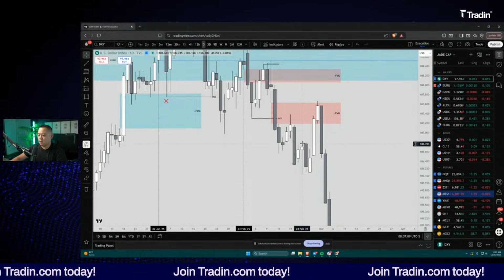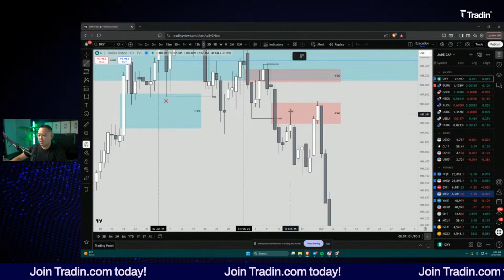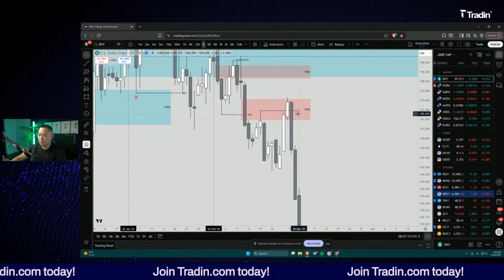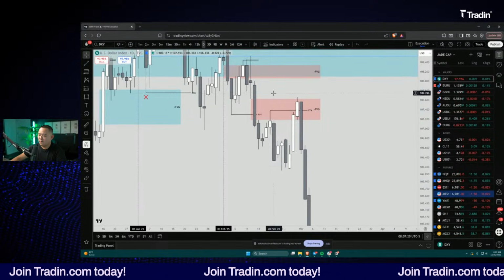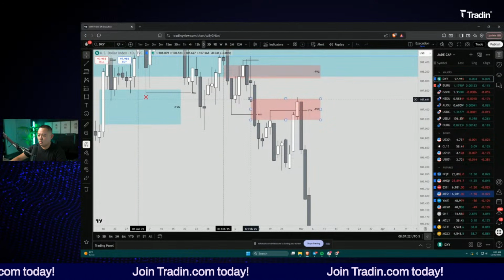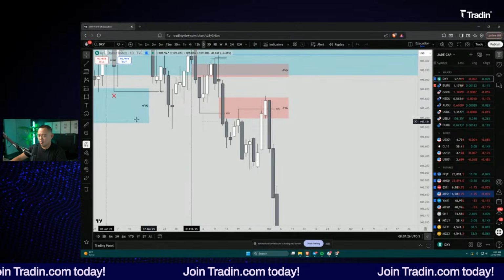We have this liquidity being ran out, and then we have this old swing high being taken out. So we have another short-term high being ran out. We fill in the whole fair value gap, and then we get a nice rejection. This creates a balanced price range.